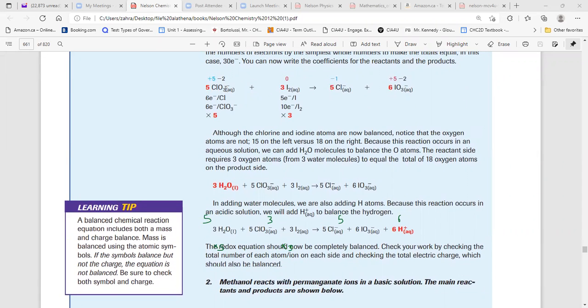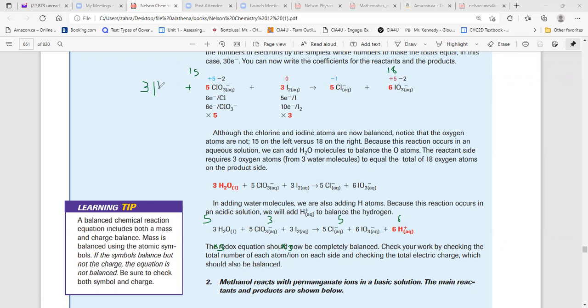Now we have oxygen not balanced, right? We have 15 oxygen in this side. And we have 18 oxygen here. That means how many more oxygen do you need there? You need 3 oxygen. That's why you are adding water.